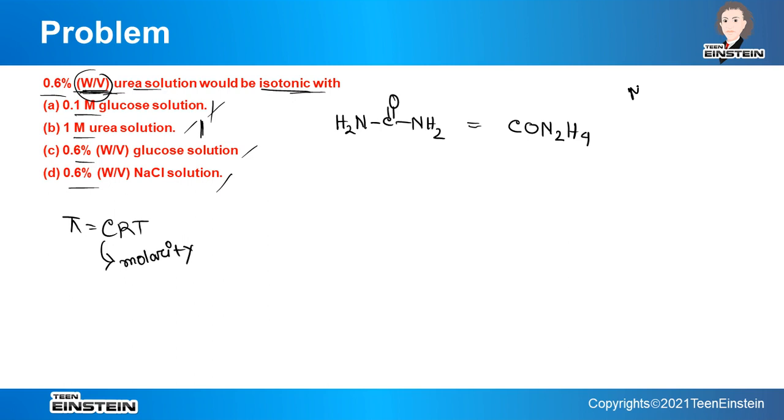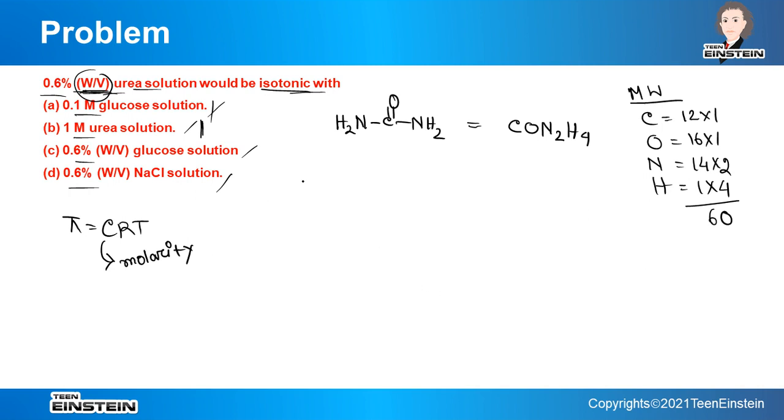So the molecular weight: for C it is 12 into 1, for oxygen 16 into 1, for nitrogen 14 into 2, and for hydrogen 1 into 4. If we add it, it will be 60. This is the molecular weight of urea.